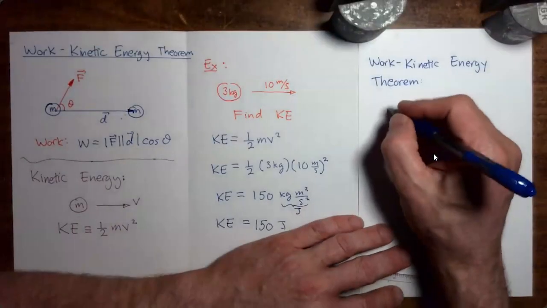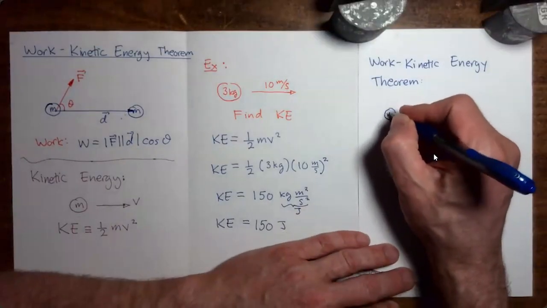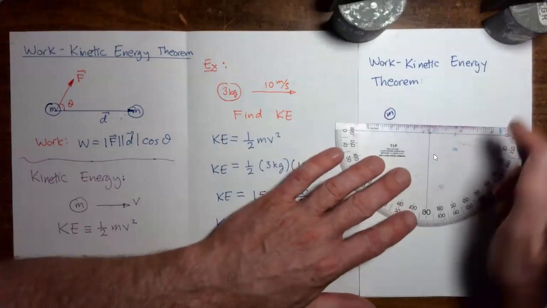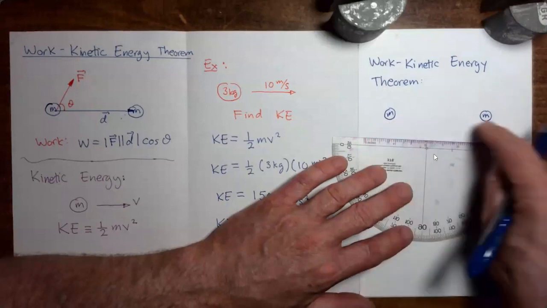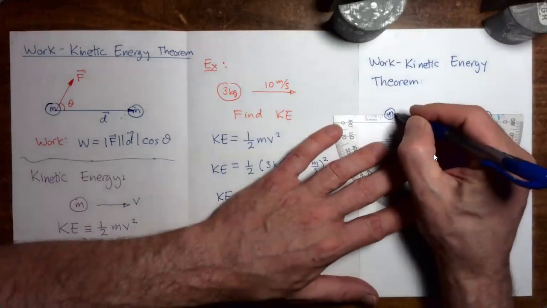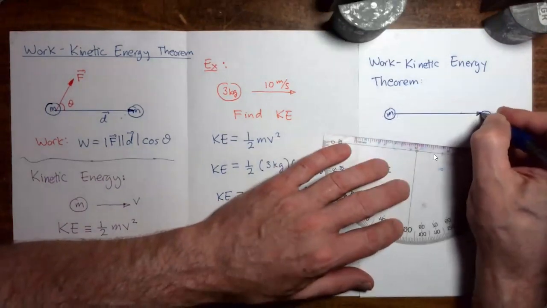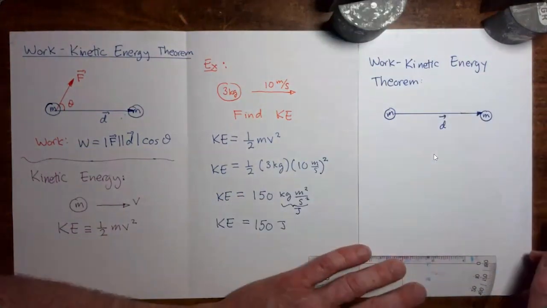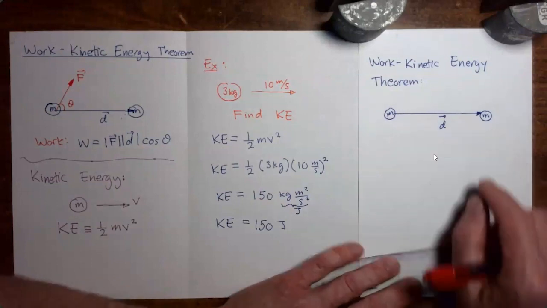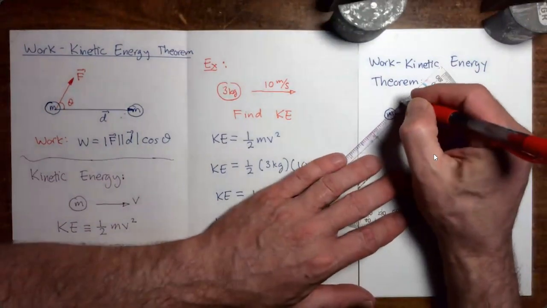To start, let's say that we have an object with mass m, and that object is going to go through a displacement. So let's say that the object starts here, ends up here. We have a displacement vector which goes from the initial position to the final position. Let's say that as the object goes through that displacement, it has several forces acting on it.